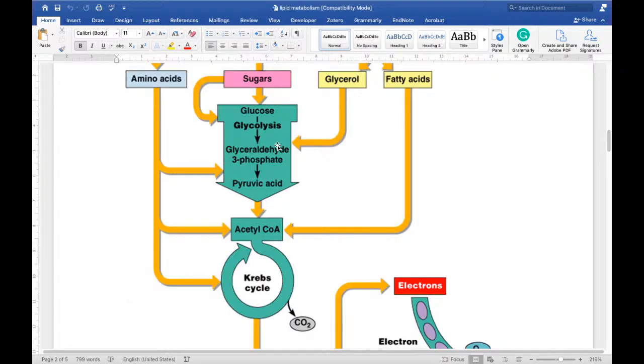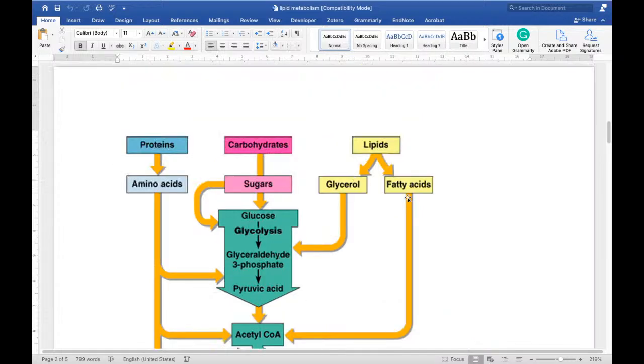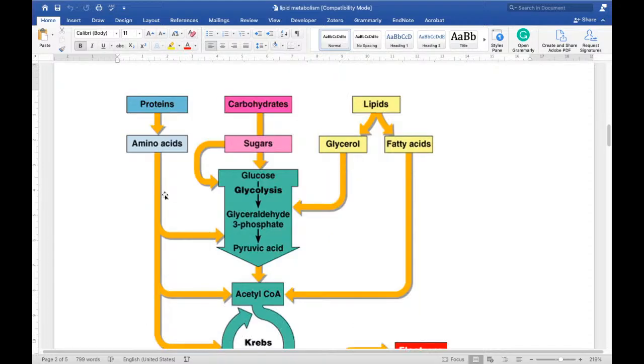Beyond that, all these reactions are attached to your lipids and proteins also. Lipids produce glycerol and fatty acids. Glycerol could produce glyceraldehyde 3 phosphate, and fatty acids could produce acetyl coenzyme A, so they become part of the same reaction. Proteins also play a very important role: amino acids can feed into glycolysis and produce acetyl coenzyme A in the Krebs cycle.